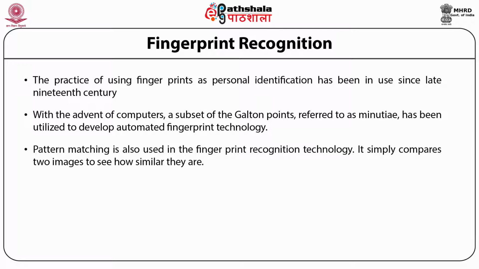This fingerprint recognition is done with the help of a pattern matching technique. In this technique, a comparison between two fingerprint images is done to see how similar they are. This technique is usually used in fingerprint systems to detect duplicates.